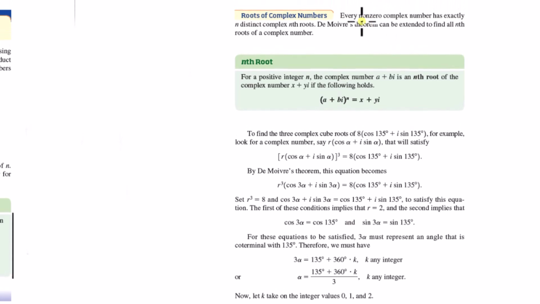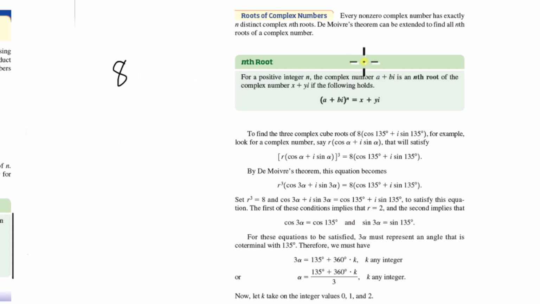So the first thing to note is that they start by saying, roots of complex numbers: every non-zero complex number has exactly n distinct complex nth roots. And this is a really important sentence because it's easy to forget that. We tend to think that the number 8 has only one cube root.